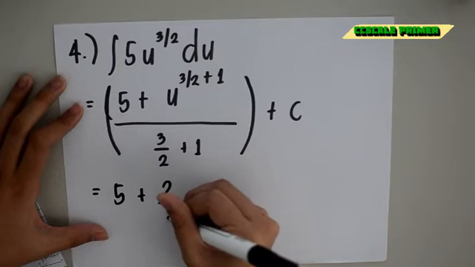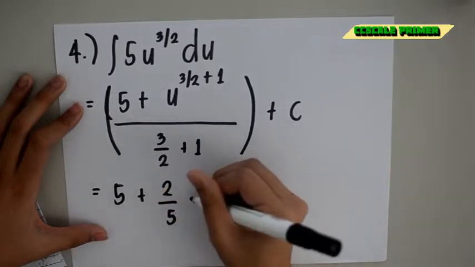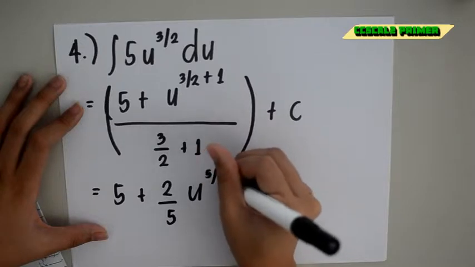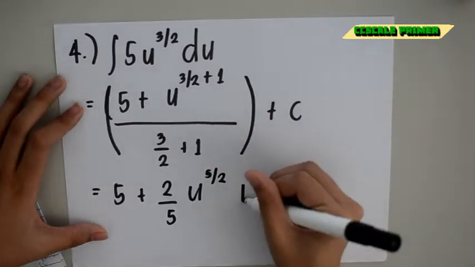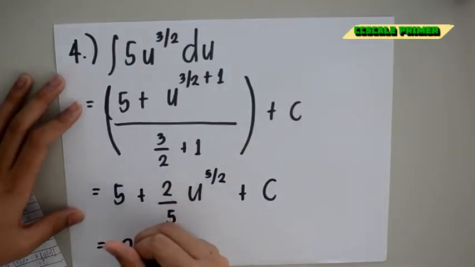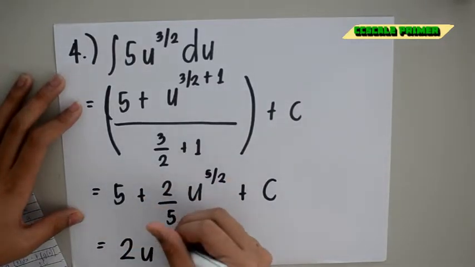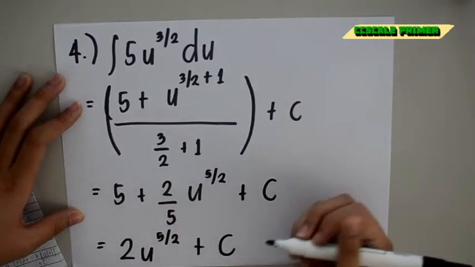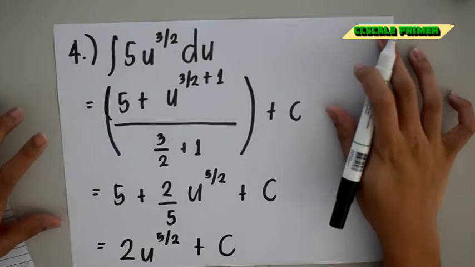After simplifying, the final answer becomes 2u raised to 5 over 2 plus c.